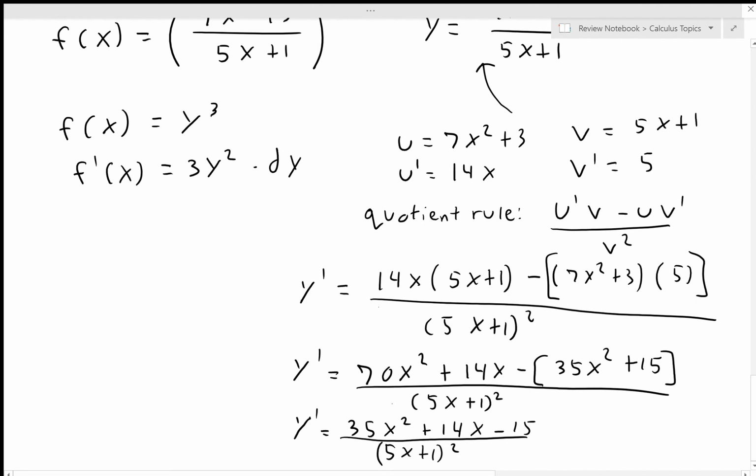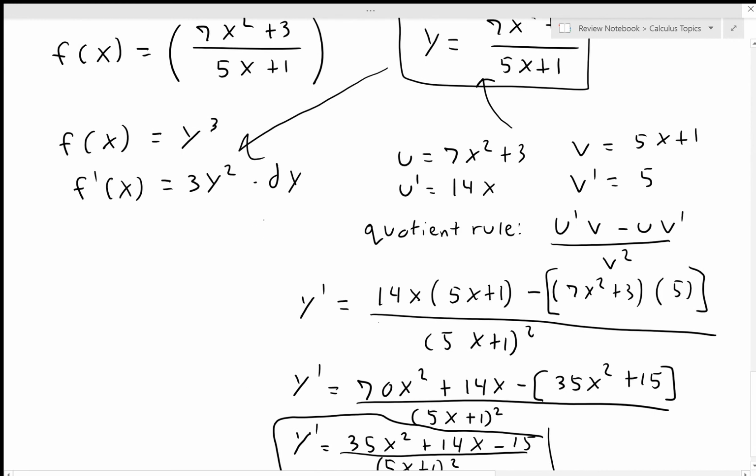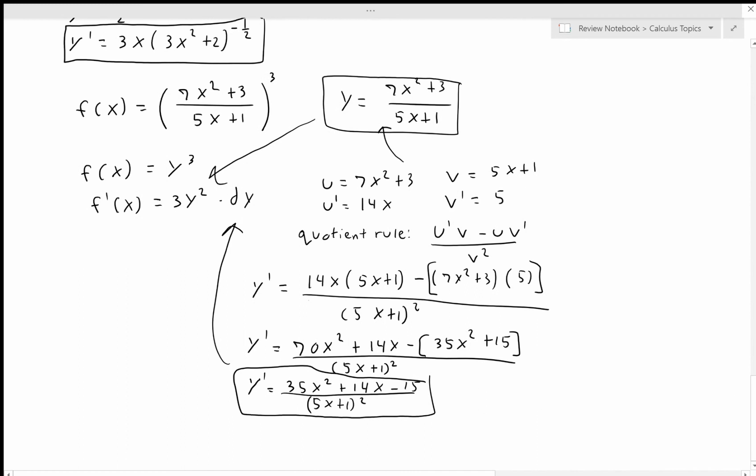So now that I have my y prime, I have my y, I'm going to use those right here. Just so we know, dy and y prime is the same thing. It means the derivative.